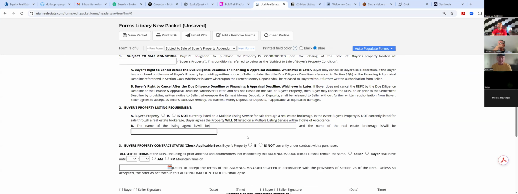It is going to be listed, and we're going to double check that. And if they haven't gotten it up on the MLS within 7 days of acceptance, then they have now breached contract. We go back to that breach section, and we see, okay, the buyer has breached. They haven't gotten their home on the MLS within 7 days. And so we have an option to take their earnest money right now and put it back on the market, right?